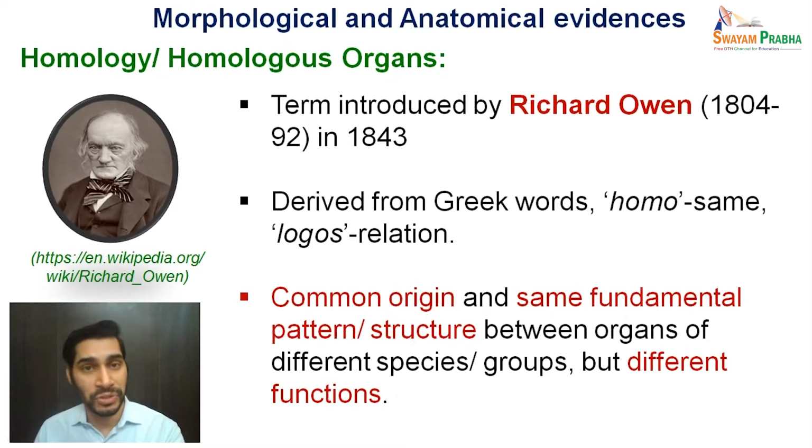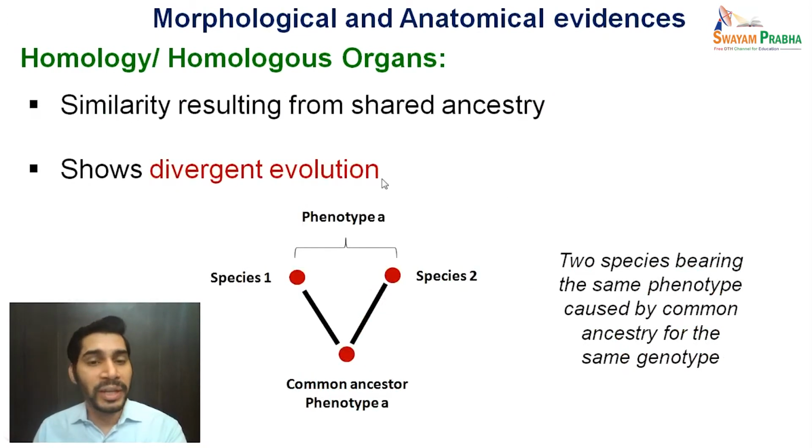So any two structures which might appear similar, they do have common origin, but they are performing different functions. They are called as homologous organs or structures. It's more clear from here. Let's say if you have a species 1 organism and an organism belonging to species 2 which have a similar phenotype, that is phenotype A. Probability is that they do have a common ancestor.